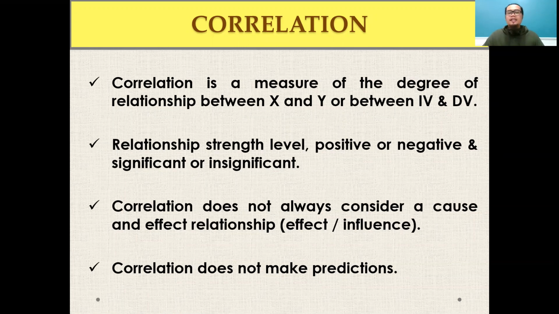Correlation just shows the relationship: the strength level, positive, negative, significant, and insignificant. Correlation does not measure effect and influence, and it does not make prediction.